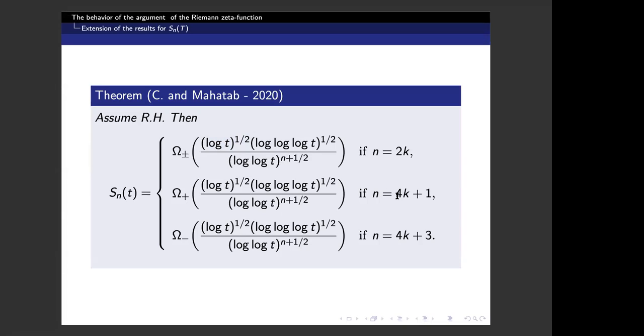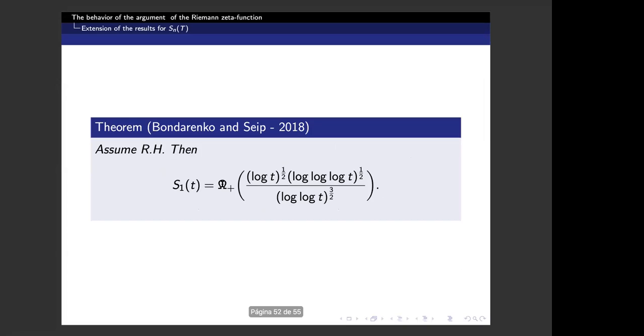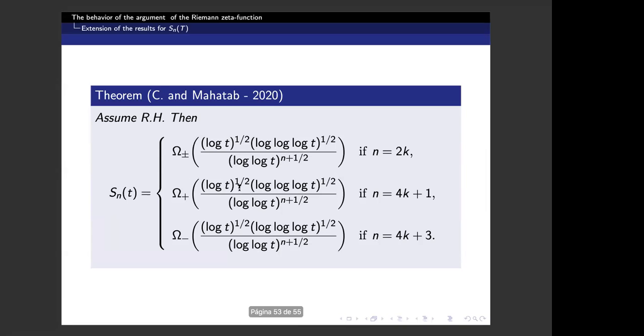In the case n is 4k plus 1, we only obtain Omega plus, as in the result of Bondarenko and Seip in the case n equals 1. In the other case, n equals 4k plus 3, you obtain Omega minus here. Until now, we are thinking how we can obtain here Omega minus and here Omega plus. It's not clear for us because we need to change the kernel now.